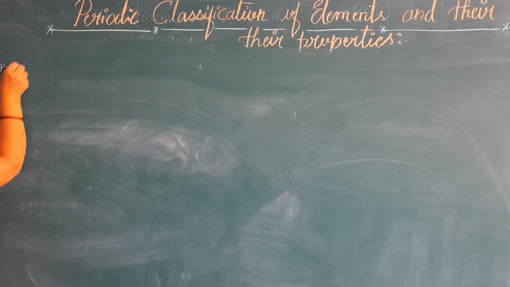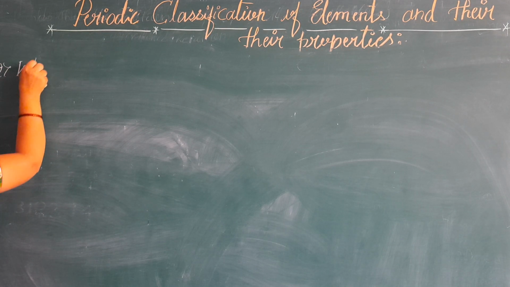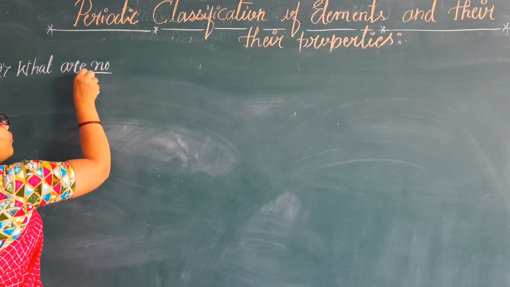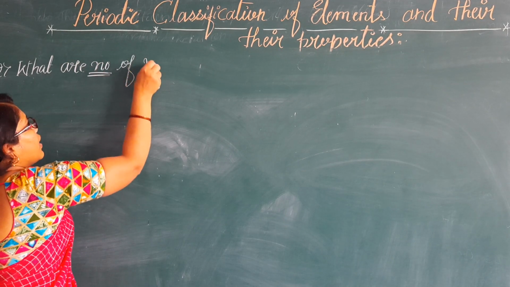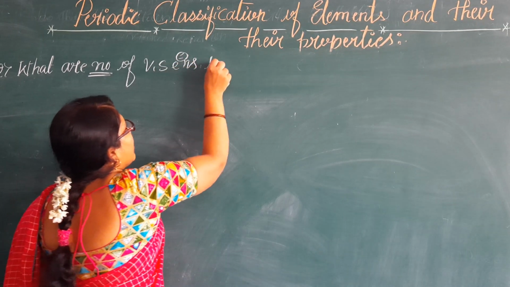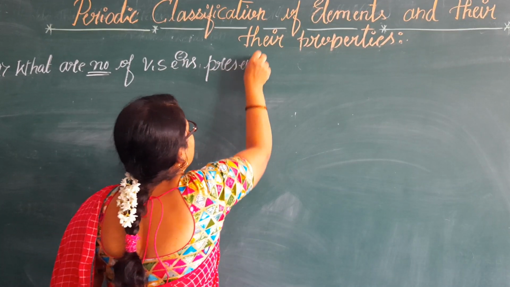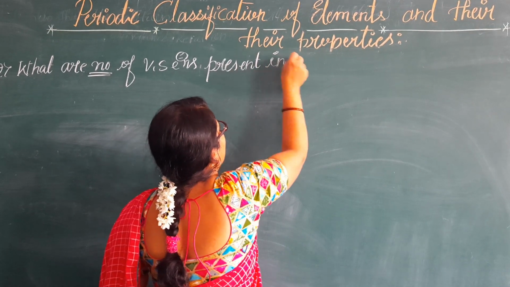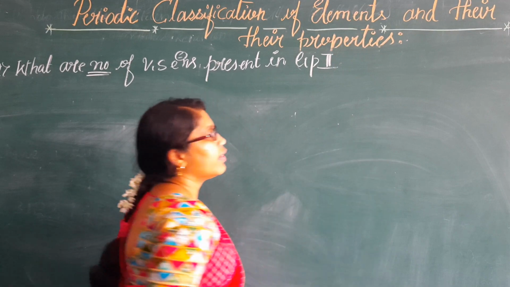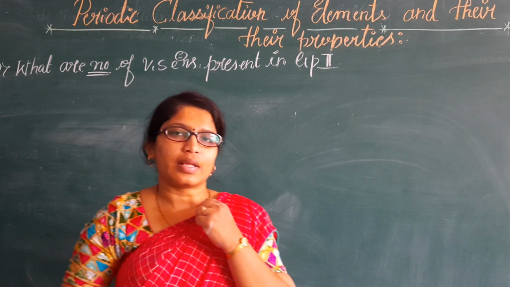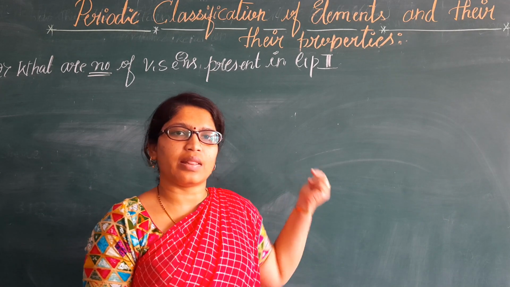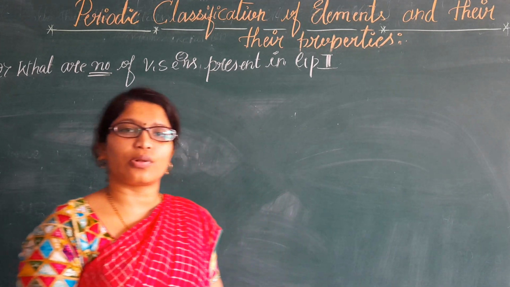What is the number of valence shell electrons present in group 2? Or they may ask you, name the elements which show 2 valence electrons in their outermost shell. Like that also they will ask you.